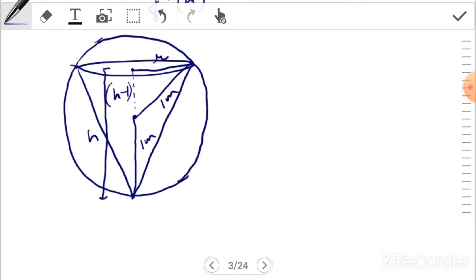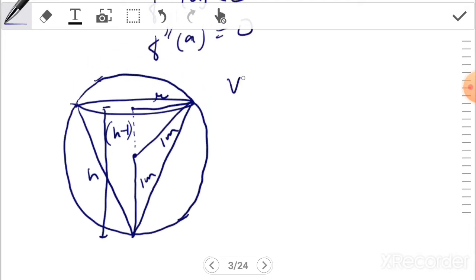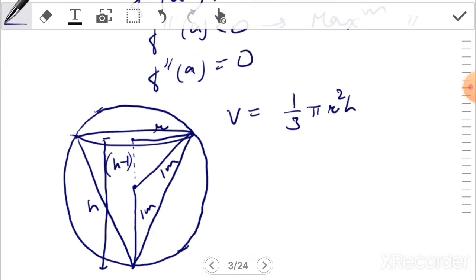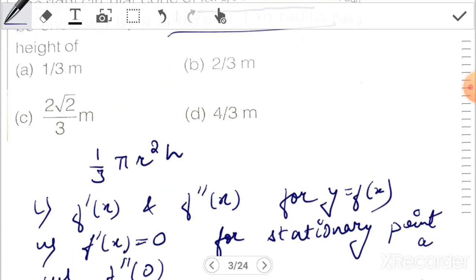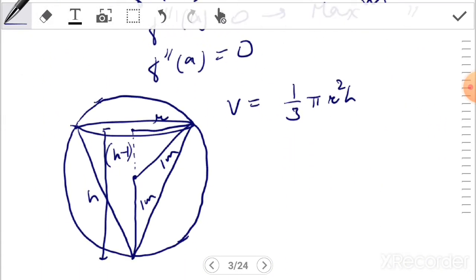Now the volume V is equal to 1 by 3 pi r squared h. From Pythagoras theorem we can write r in terms of h.